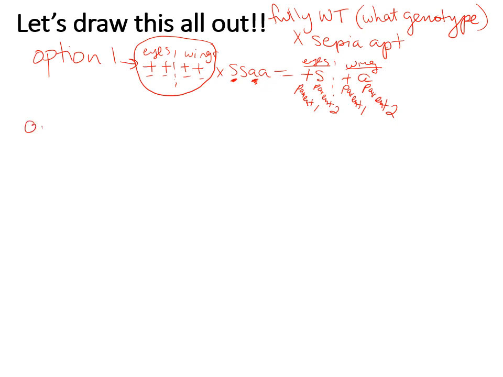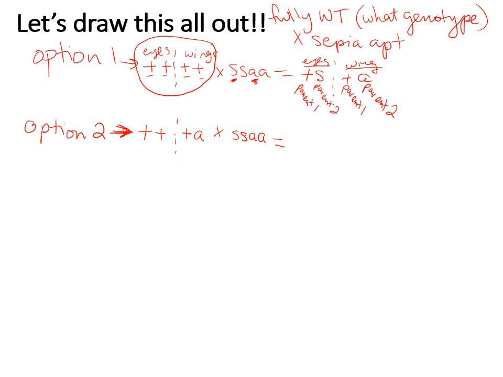Now there's another possibility. Maybe that wild type fly is homozygous for eyes, but heterozygous for wings. And the way you'll know this is when you do the test cross, what kind of offspring will you get?